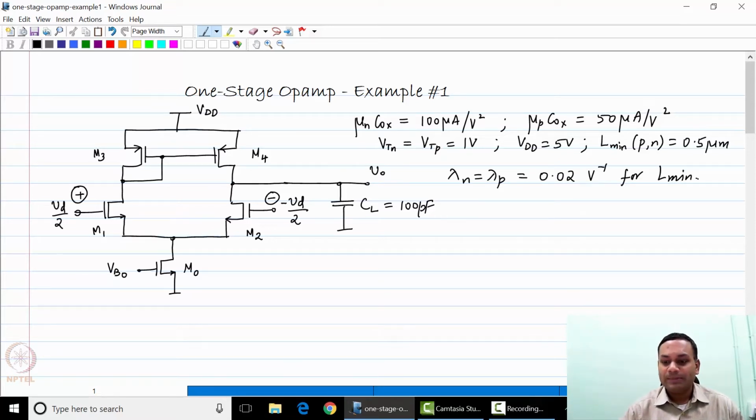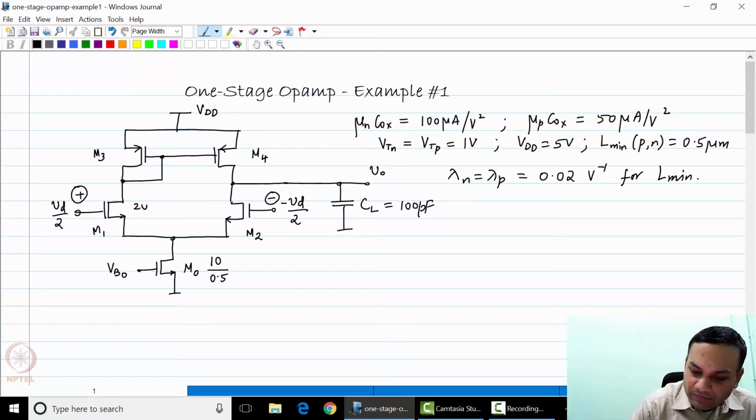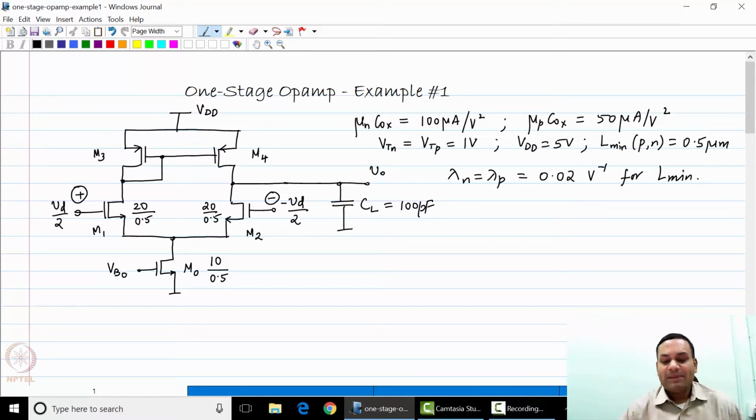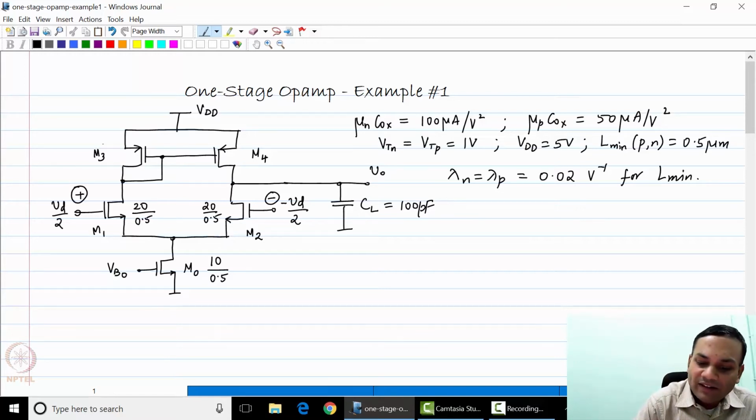Let us start off with these numbers, and let us say that the sizes of the transistors are as follows. M0 has a size of 10 over 0.5, all widths and lengths being in micrometers. The width over length of M1 is 20 over 0.5. M3 and M4 have a width over length of 40 over 0.5.